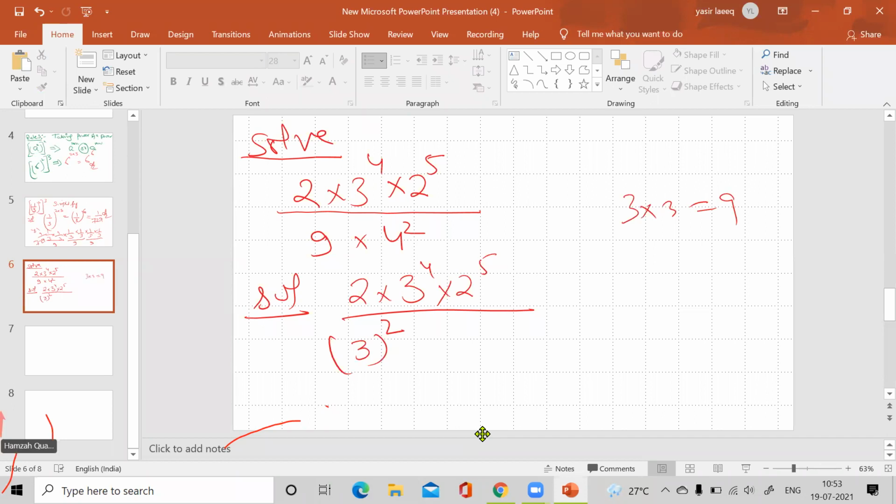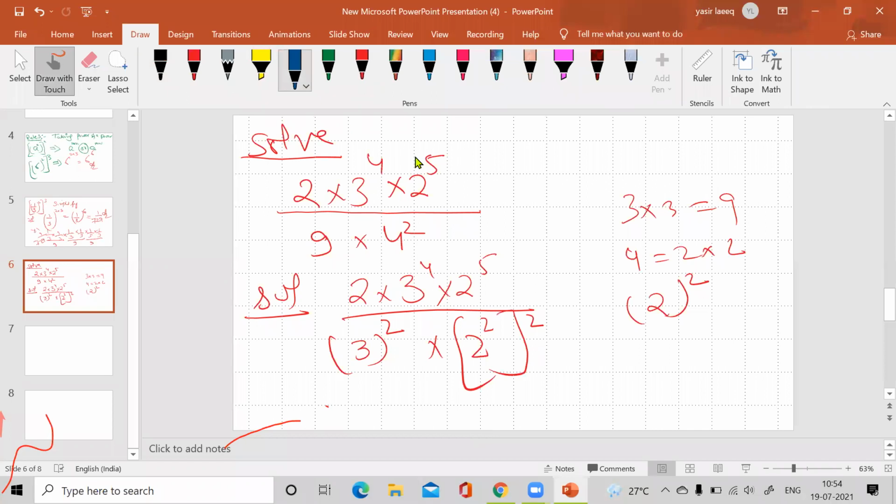You can write 4 as 2 into 2, so 2 raised to the power 2, and there is already a power.